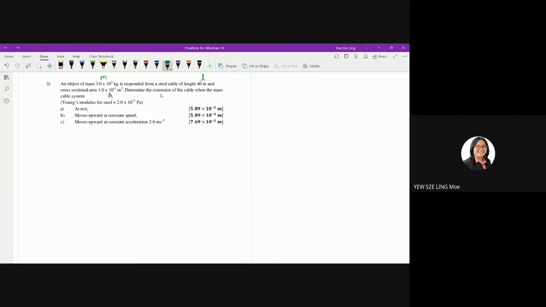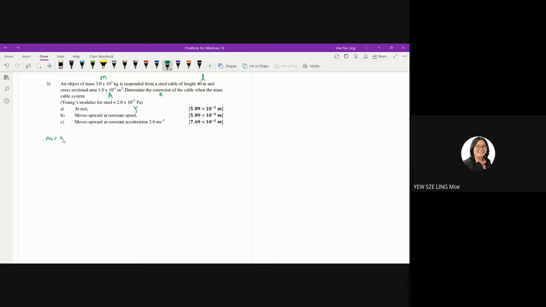Determine the extension. So the question is asking for e of the cable when the mass cable system is at rest, moves upward with a constant speed, and moves upward with a constant acceleration. Given Young modulus is 2 times 10 to the power of 11 Pascal. So you have the information.